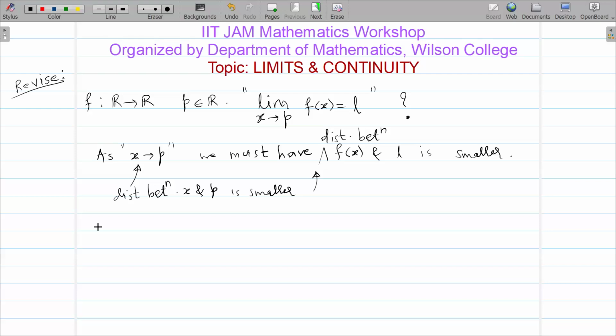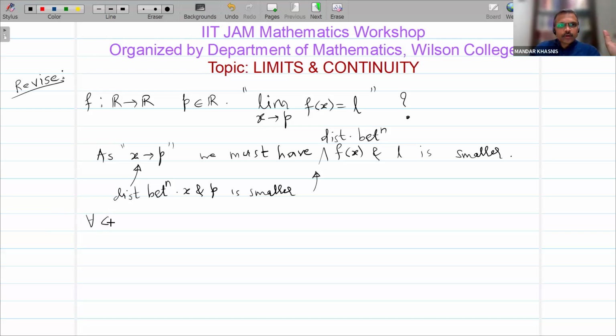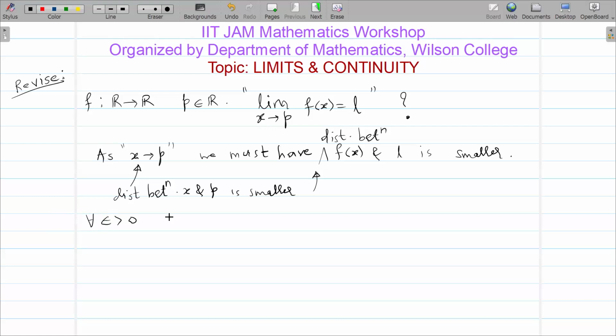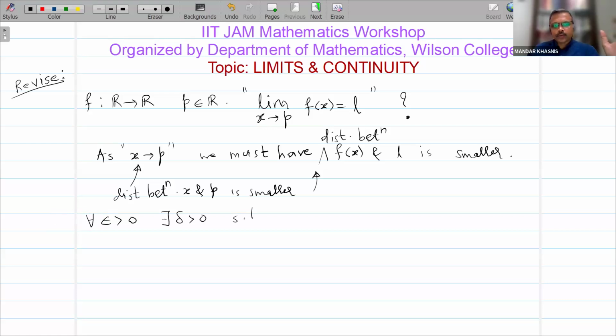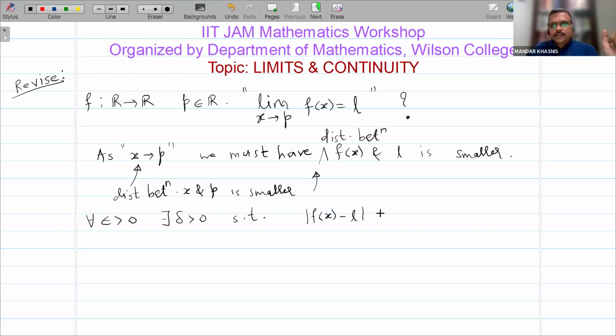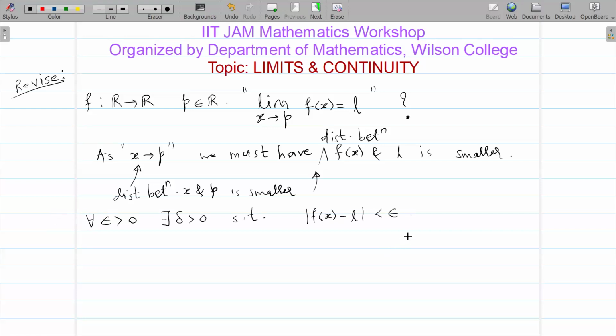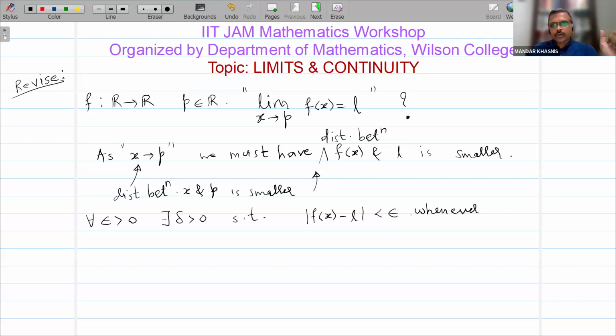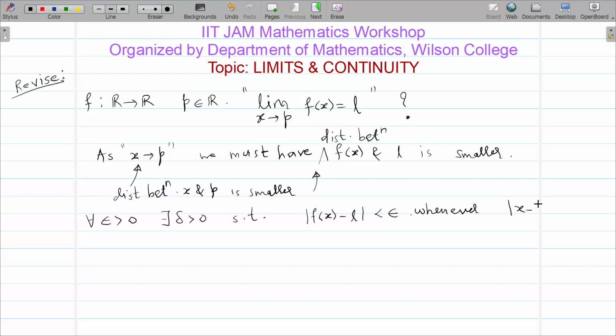So the final version of the definition. For all epsilon positive, there exists delta positive such that modulus of f(x) minus L is less than epsilon whenever modulus of x minus a is less than delta.